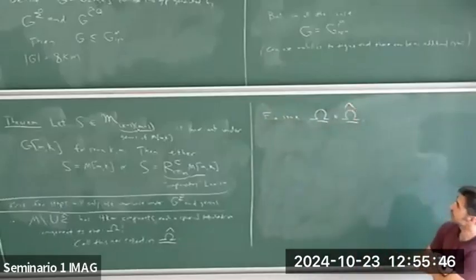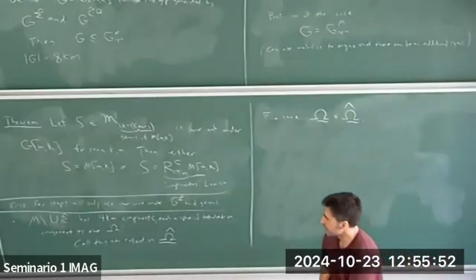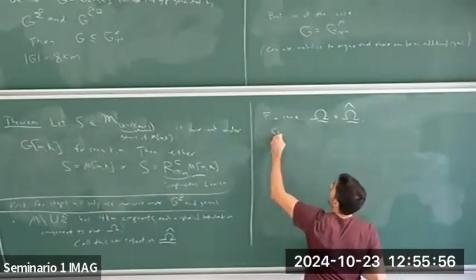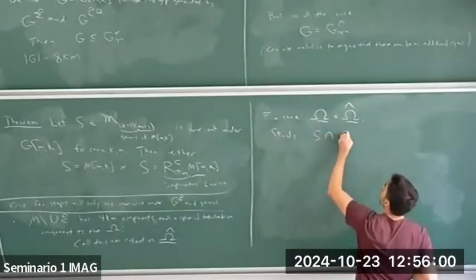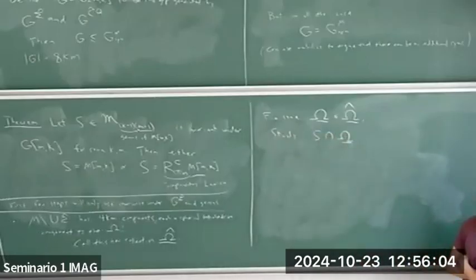Okay, so I'm going to look at just one of these tetrahedra now, omega bar, and I'm going to look at the intersection of S with that tetrahedron.